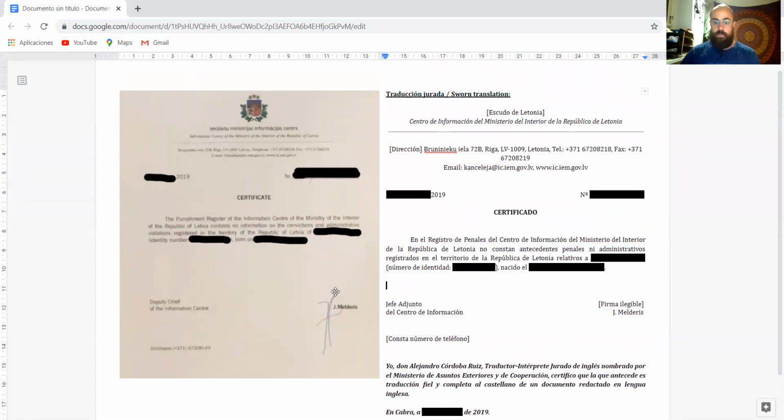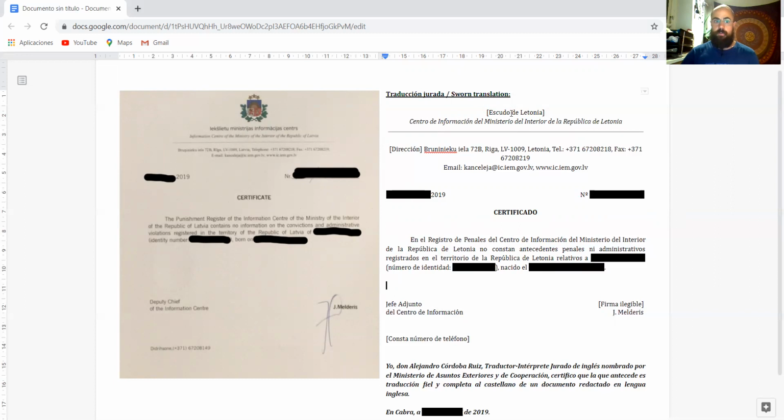And another important thing about this document is that you need to keep the structure and the format of the document, so that the person reading this document can easily go from the original to the translation without having to look for what they are searching.